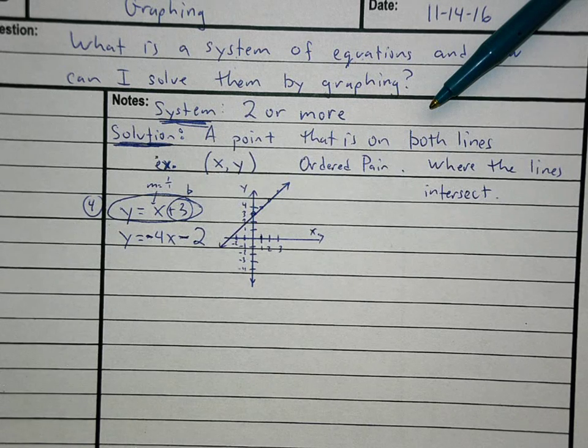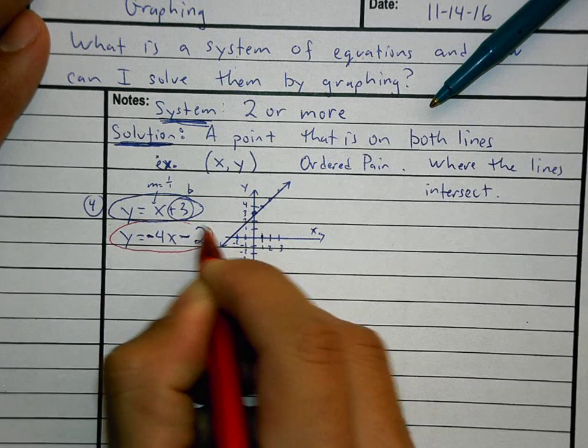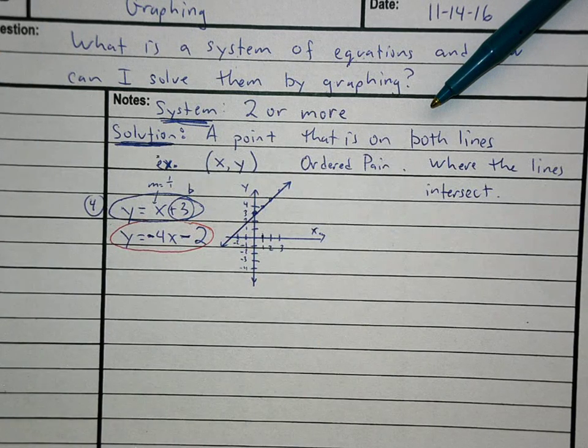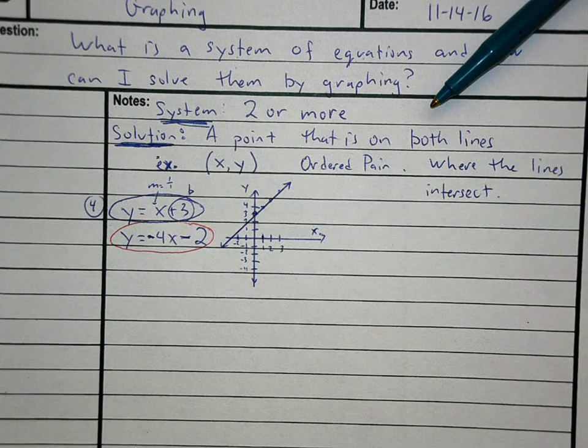Now I did that one in blue. I'm going to do the bottom one in red. And the first thing I have to go to is the y-intercept again. Because Mark had issues with that the first time, I'm going to give him a chance to redeem himself. Mark, what is the y-intercept for the red equation? Perfect.